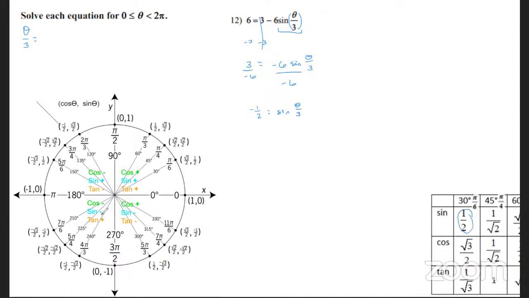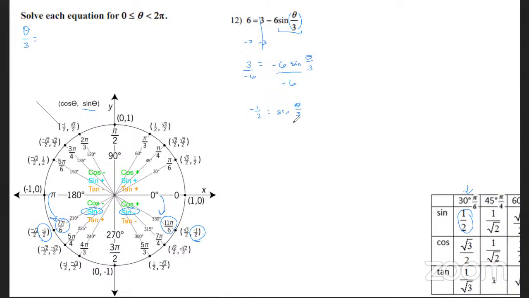We see that sine is negative, so I know I'm going to have to look at these two quadrants. For a 30-degree angle, 30 is the first one from the horizontal, so it should be here and here. Let's look at our sine, which we know is the second value in our ordered pair, -1/2 and -1/2.